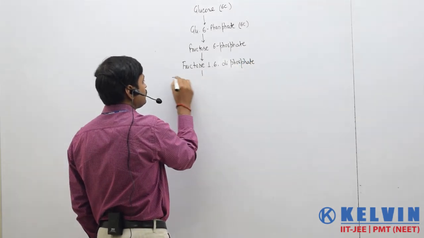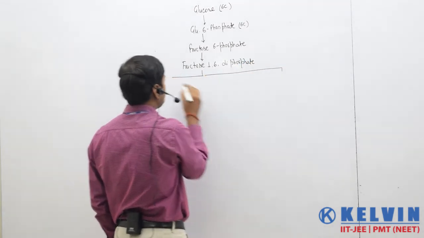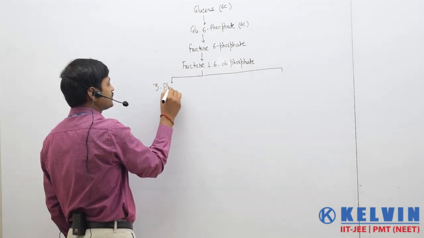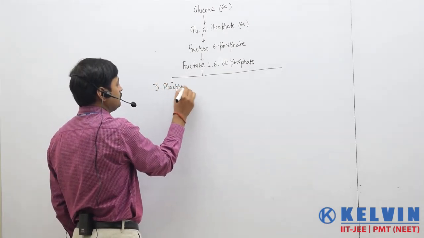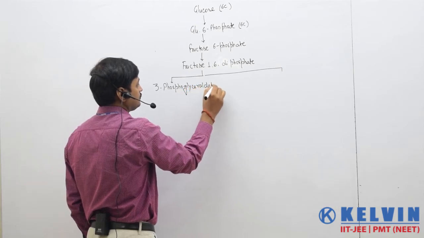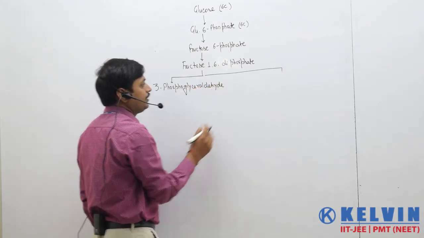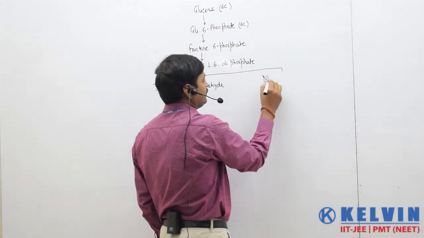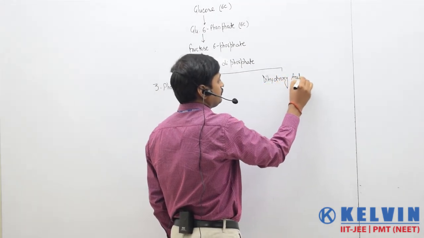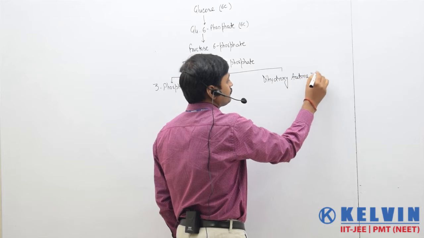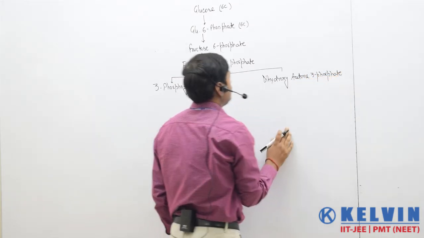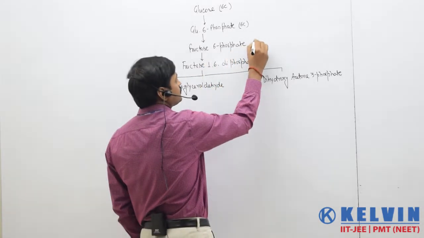And then this fructose molecule is split into two molecules of 3-phosphoglyceraldehyde and dihydroxyacetone 3-phosphate.